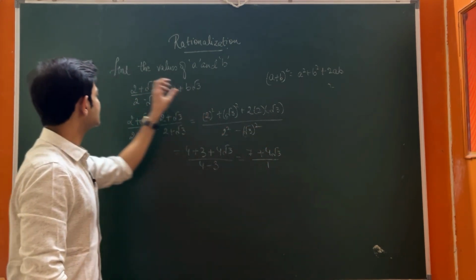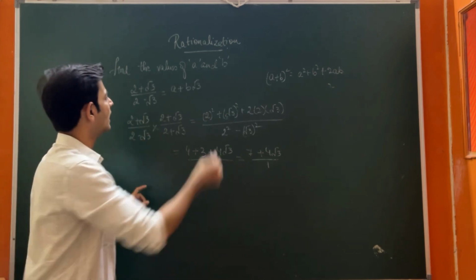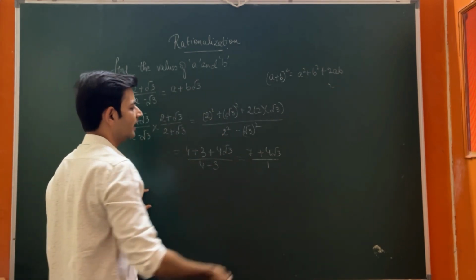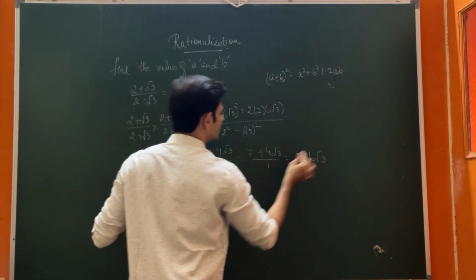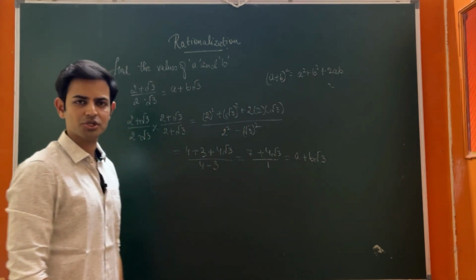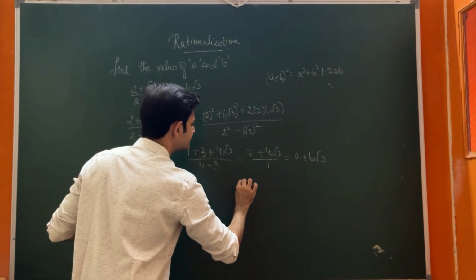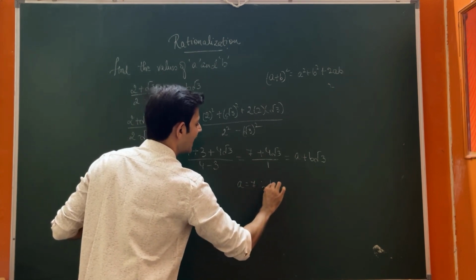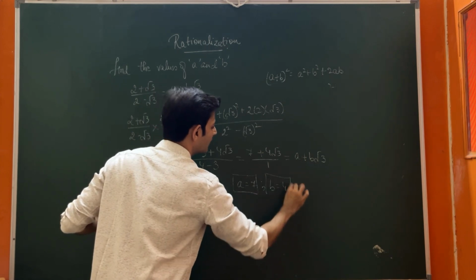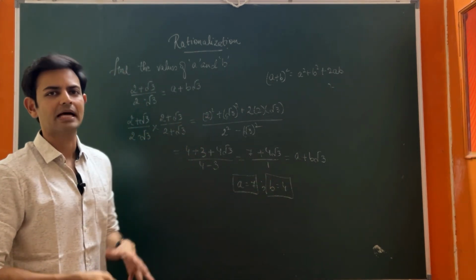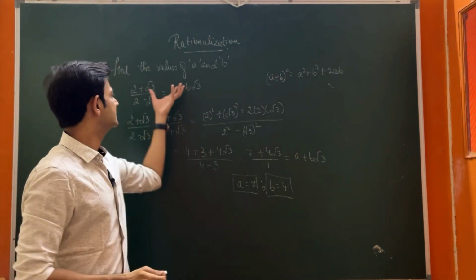Now I got something of this sort, so I will compare these two values. This is equal to a plus b root 3. On comparing the coefficients, we get a is equal to 7 and b is equal to 4. So 7 and 4 are the desired values that we need for this question.